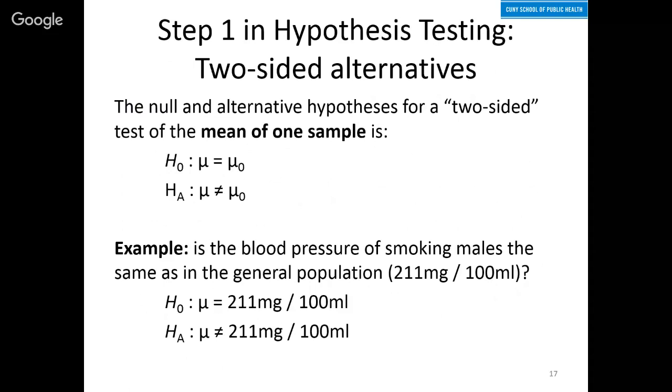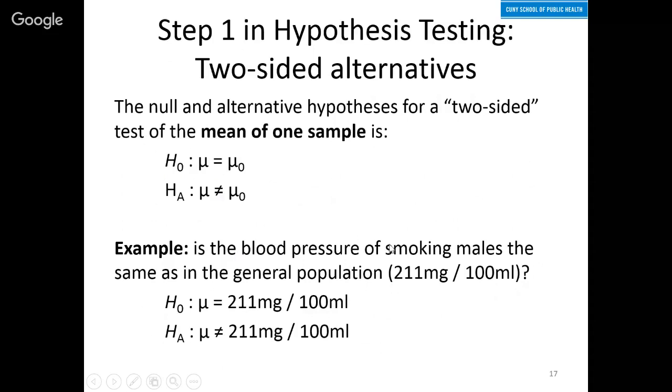So here are a couple of explicit examples of the null and alternative hypotheses. For a one sample test on the means, the null hypothesis would be that the mean of our study population is equal to this hypothesized mu0. So this is something specified in advance, and the alternative is just that they are not equal.